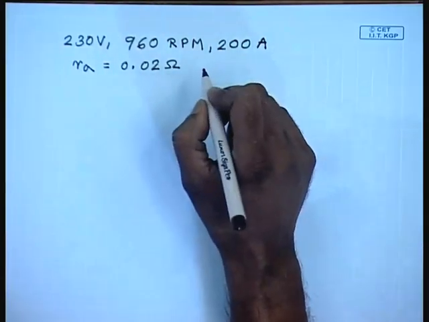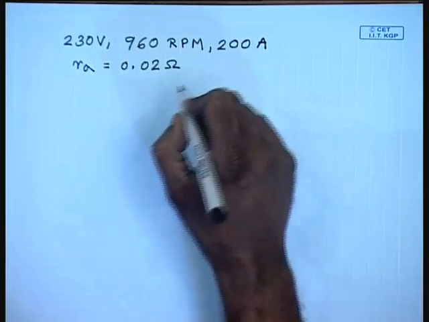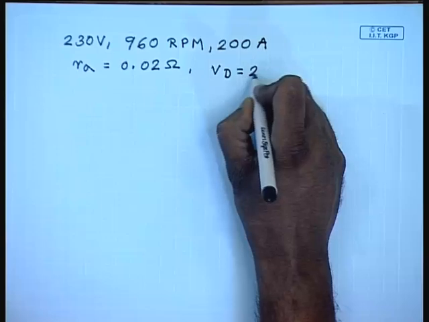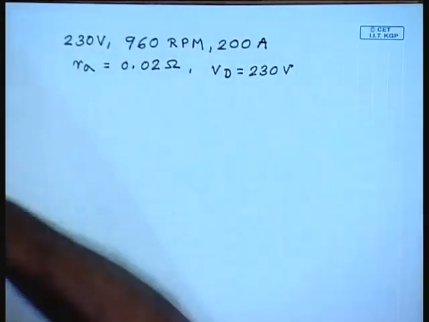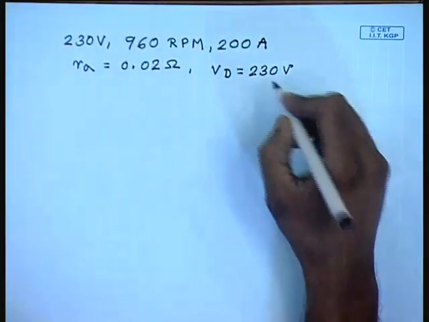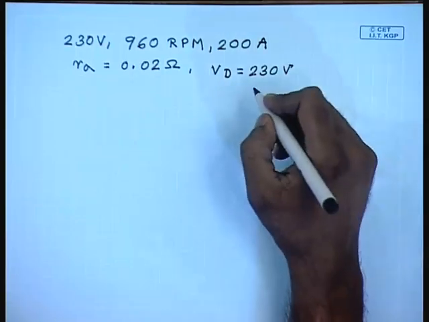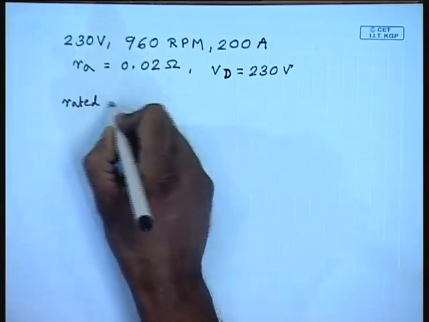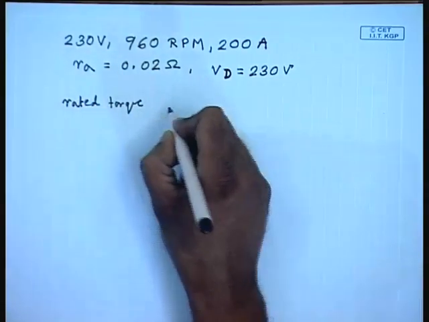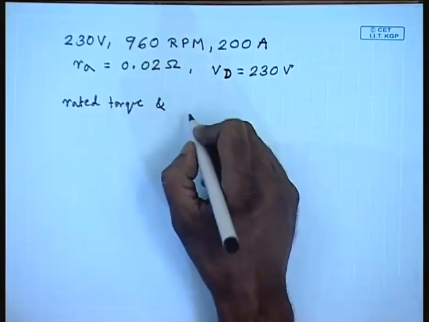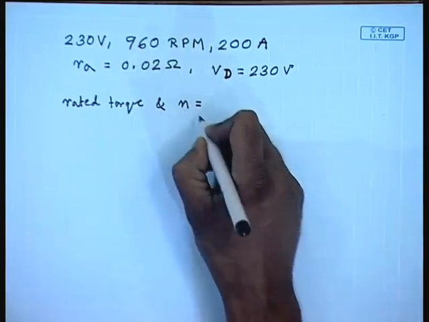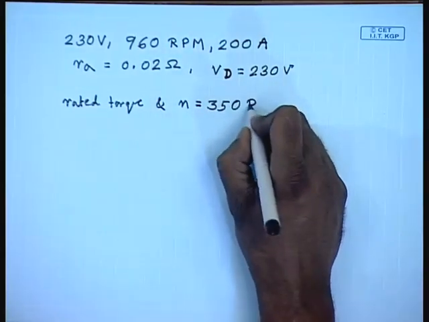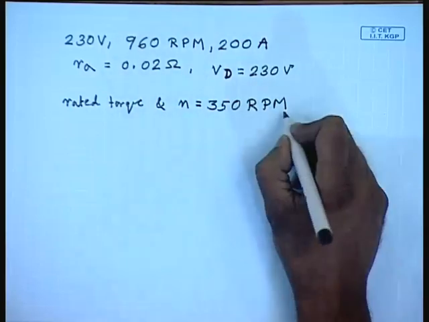This motor is fed from a chopper whose supply voltage Vd equal to 230 volt. If I want to operate this motor at rated torque and a speed equal to 350 RPM, what should be the delta?